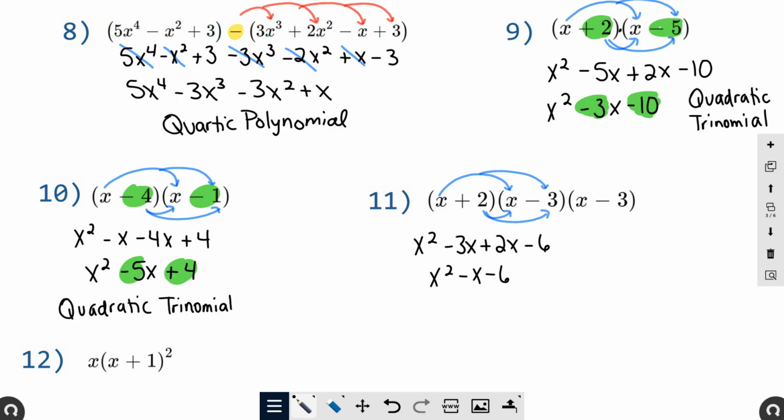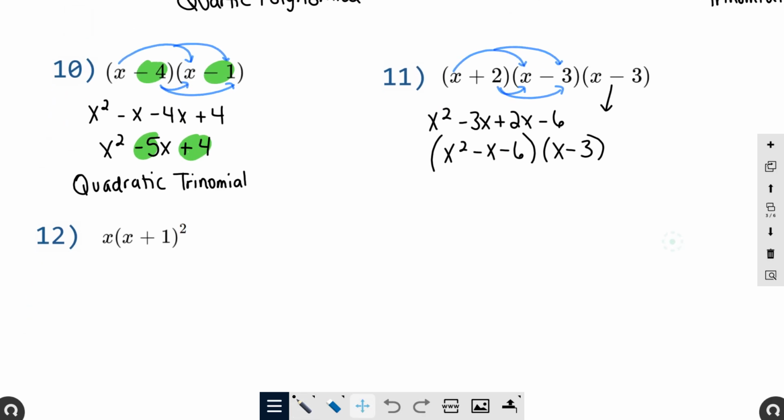And if you do the shortcut, 2 minus 3 makes negative 1. 2 times negative 3 makes negative 6. Now, once you have multiplied all that, put parentheses around it and bring down the third parenthesis. So you multiply the first 2 together and get that answer. Now you multiply that answer by the third one.